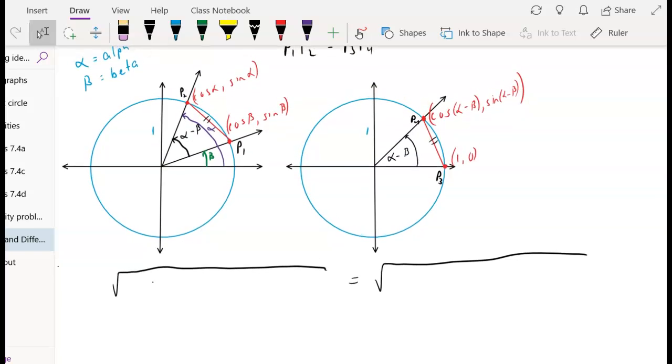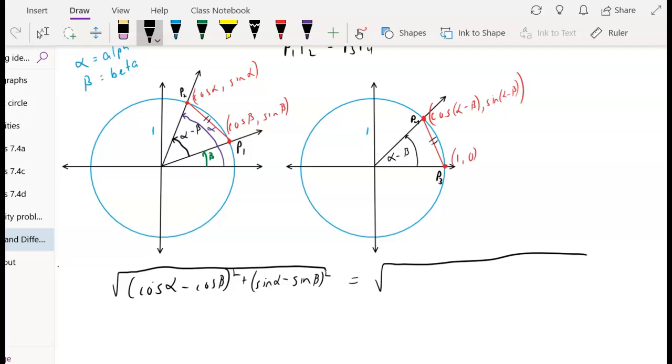So the difference in the x's squared, cosine of alpha minus cosine of beta, squared, plus the difference in the y's, which is the sine of alpha minus the sine of beta squared.